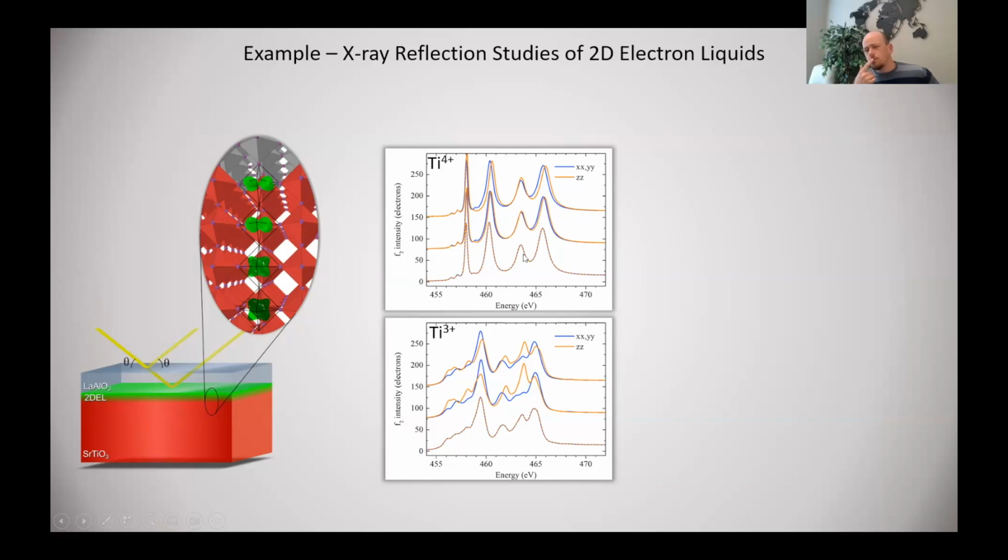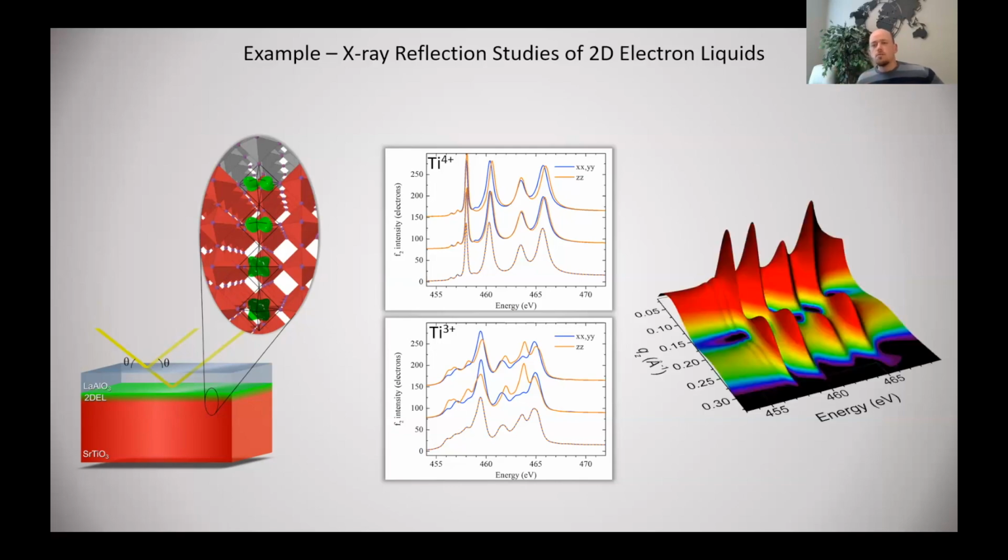Then we can simulate what we would hope to see. On this energy axis here, I'm showing as we scan our synchrotron X-ray energy across the titanium resonance. And on this other axis here, I'm showing as we scan our reflection angle, so how we change the angle of reflection of our X-rays. We should get this complicated structure in terms of the intensity of the X-rays we detect that are reflected.